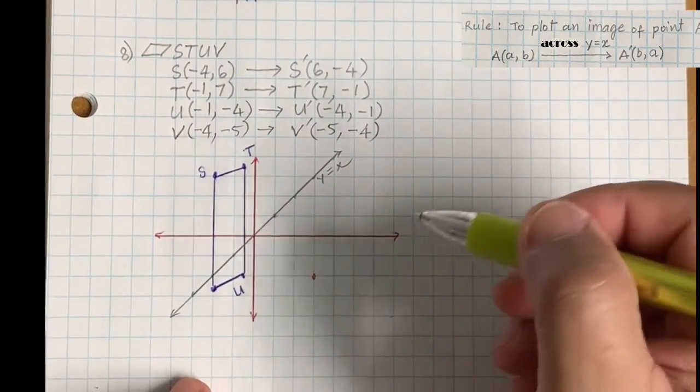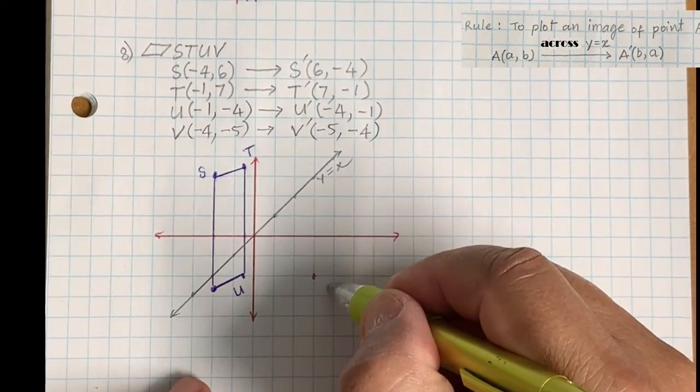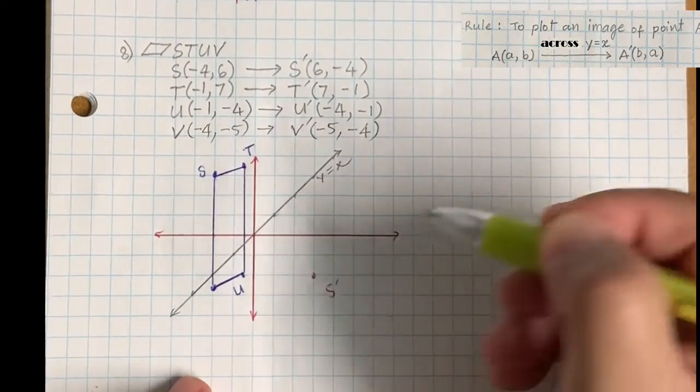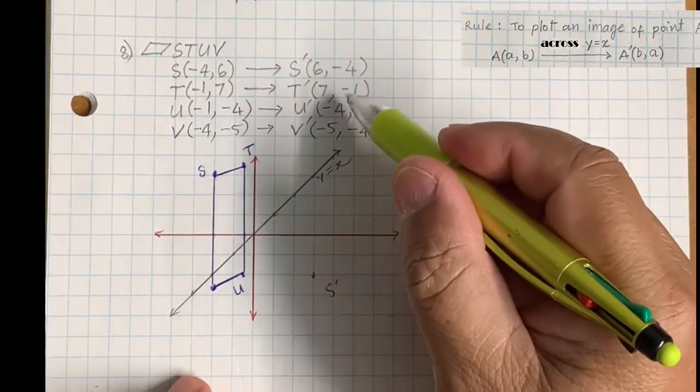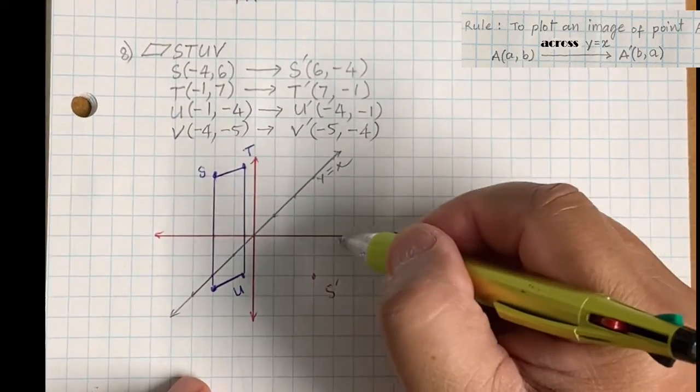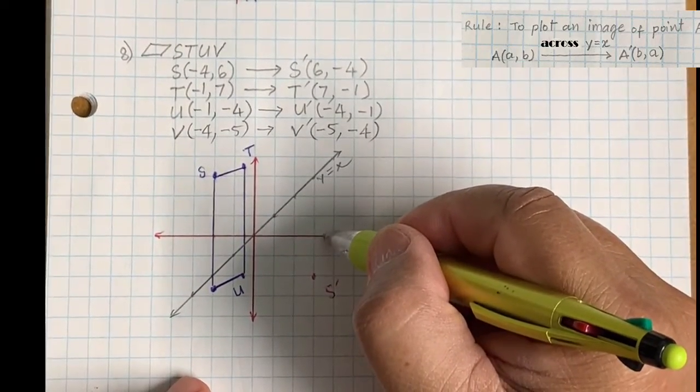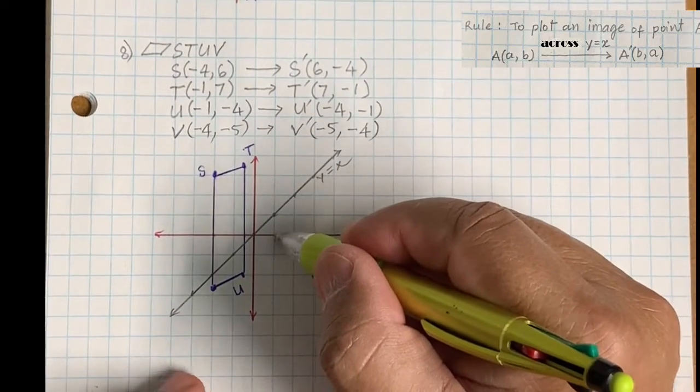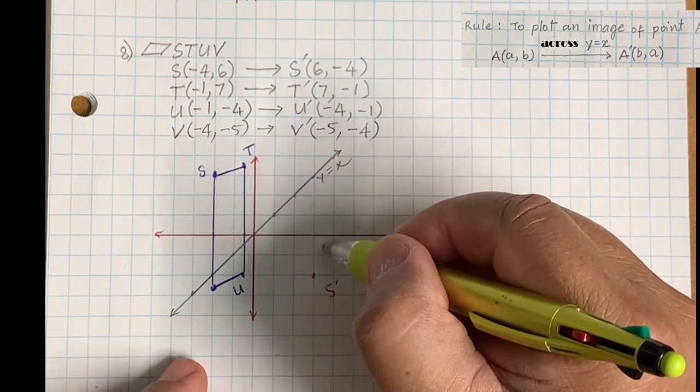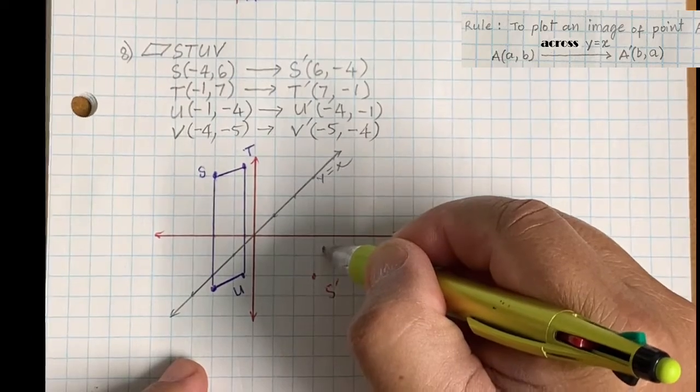Yeah, that's right. Okay. T prime is (7, -1). So 7 is here, right? 2, 4, 6, 7 and -1. So it's right down here.